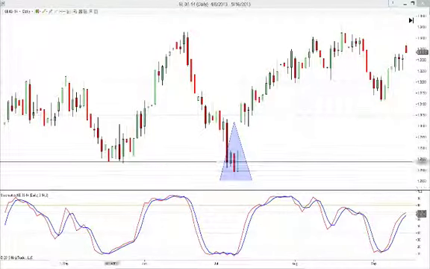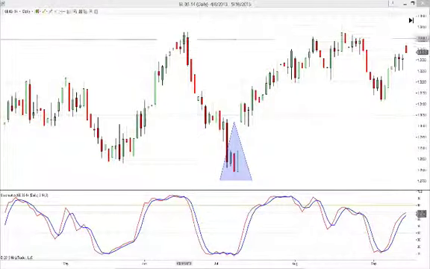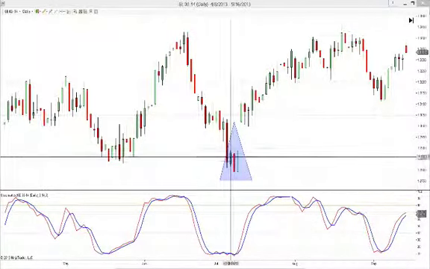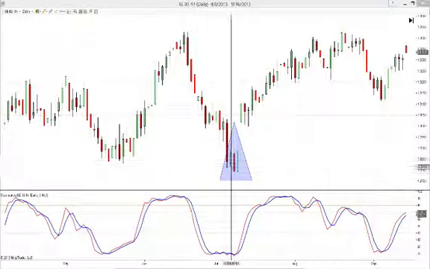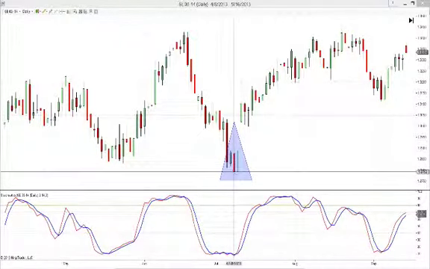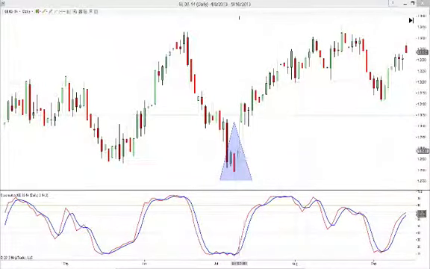Here we have a daily chart of the 6E. You can see we're coming down on a trend here, and we finish with a large red candle that is actually engulfed by the next candle. Notice that the next candle opens a little bit below the closing of the red and it closes above.